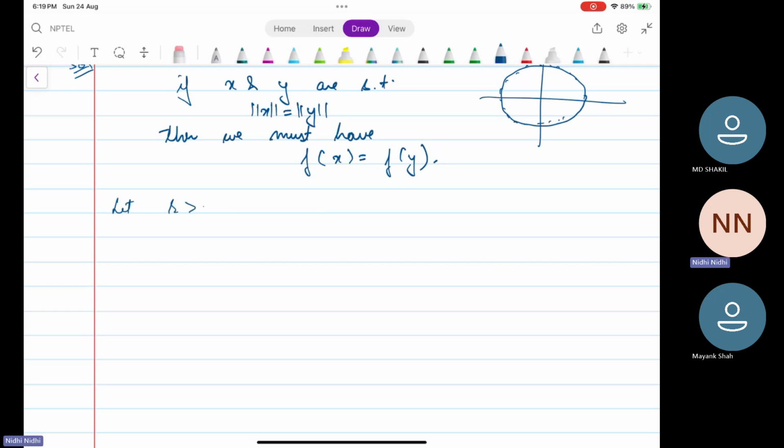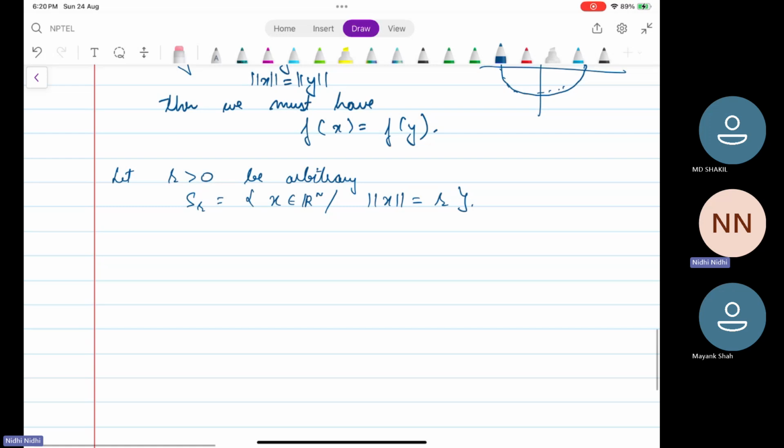Let R positive be arbitrary. Let S_R be the set of all those points x in R^n such that norm x is equal to R. So basically this is the circle.